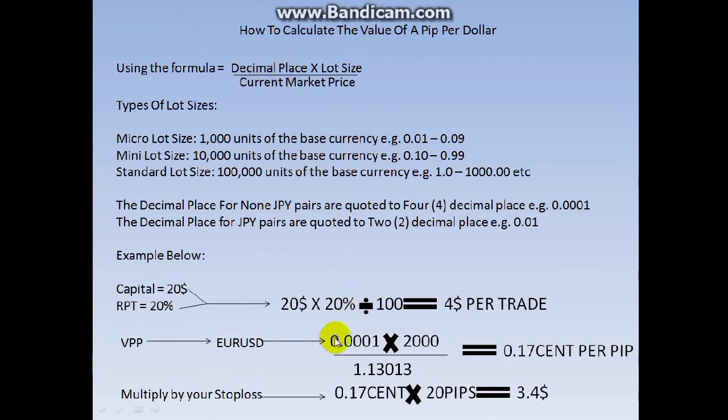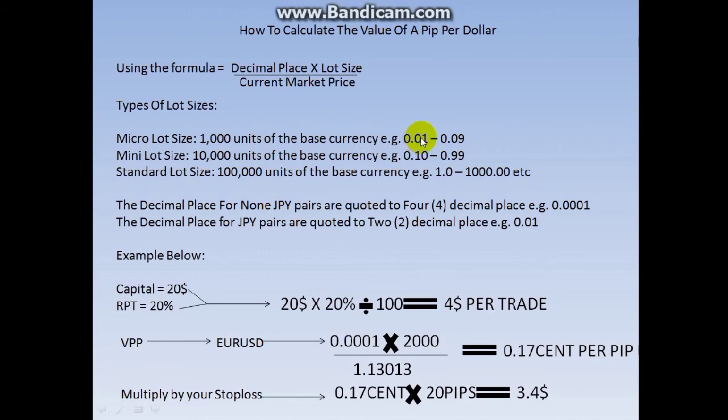On the equation it will be 0.0001 times 2000, which is the maximum lot size we are allowed to use. How I arrive at the 2000 is that remember 0.01 is a micro lot size, right? And 1 represents 1000 units of the base currency.